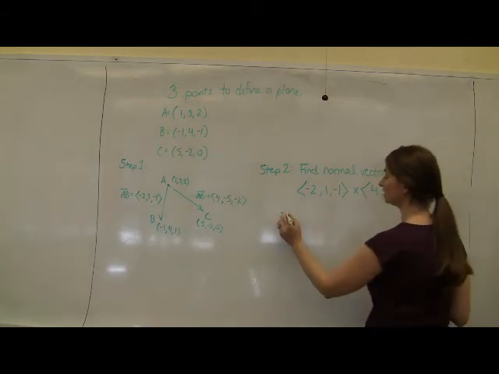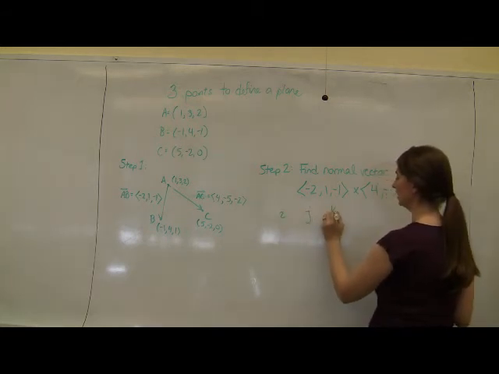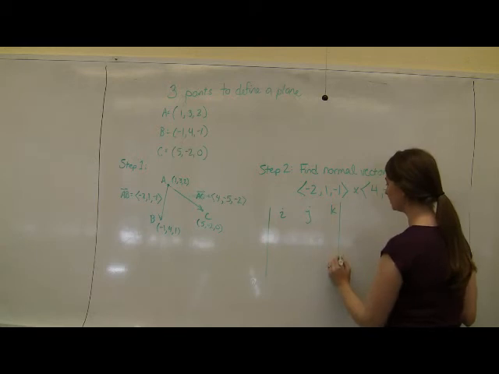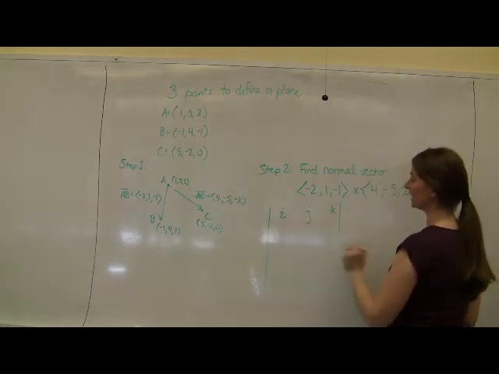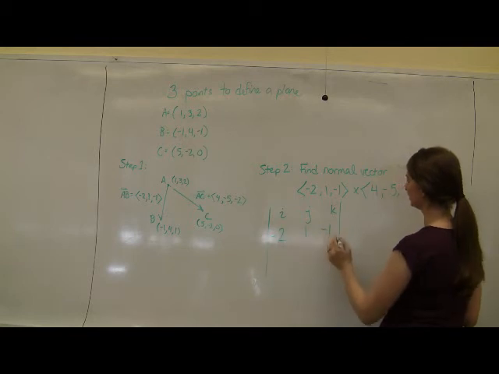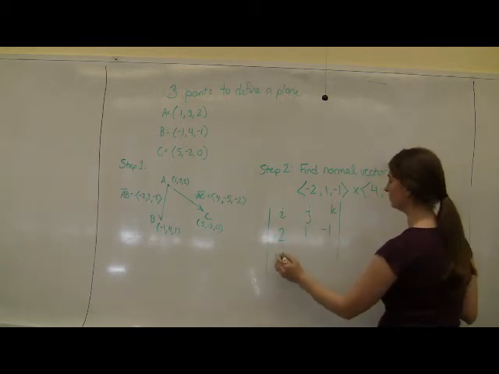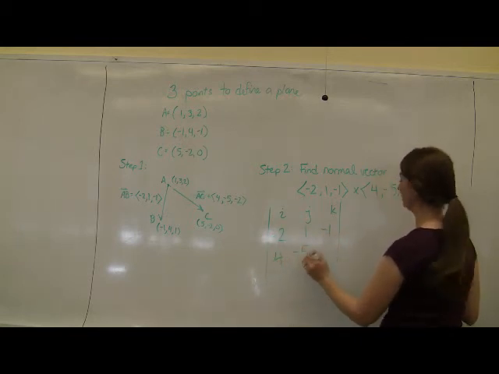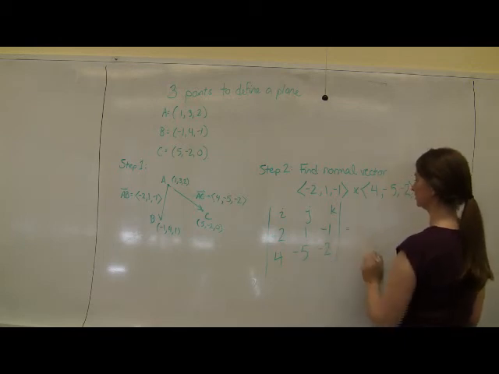So to take this cross product, I'm going to find the determinant of the 3 by 3 matrix with i, j, and k along the top, with negative 2, 1, negative 1 along the second row, and then 4, negative 5, negative 2 along the third row.